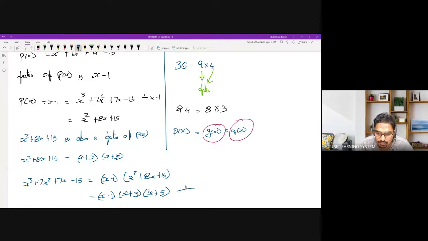From this, we can conclude that x equal to 1, x equal to minus 3, and x equal to minus 5 are the zeros of p of x.